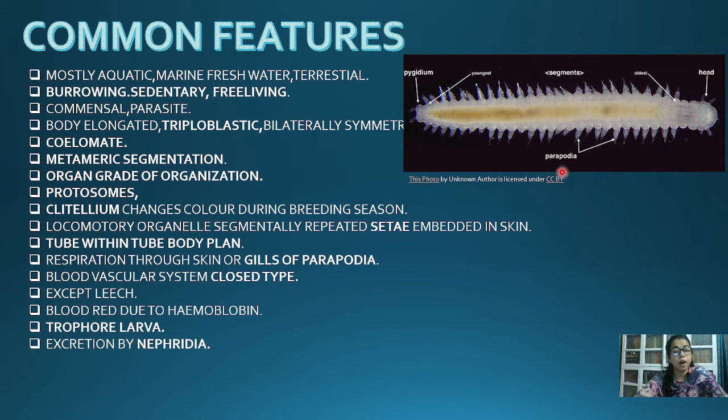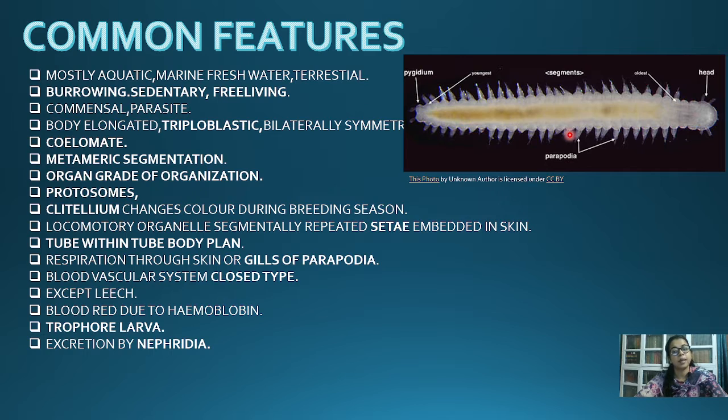And this is the first coelomate, the coelom is present. Previously, the phyla we discussed were either acoelomate or pseudocoelomate, where the coelom was totally absent, but from annelids the coelomate organisms developed. So they are in the coelomate category.